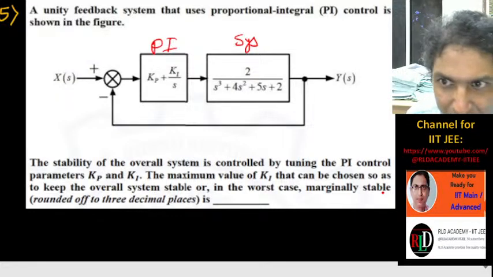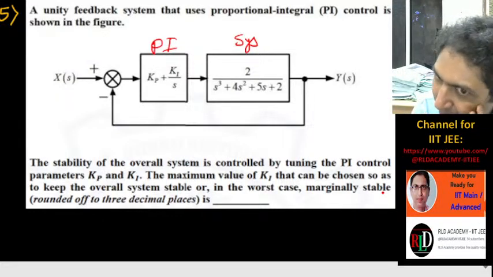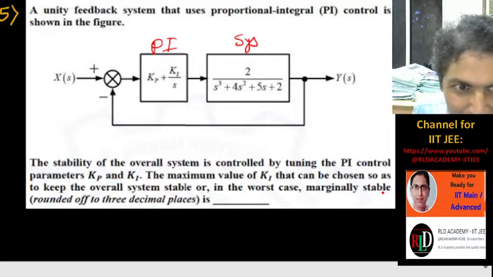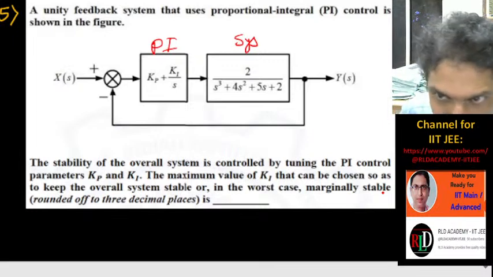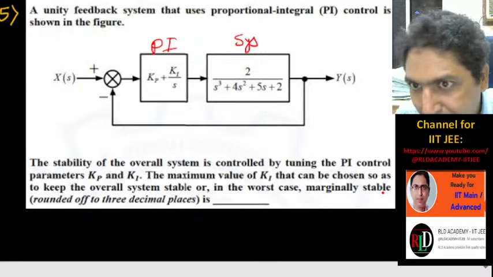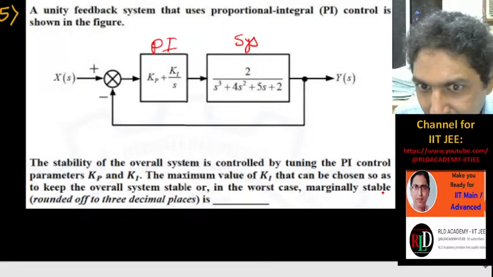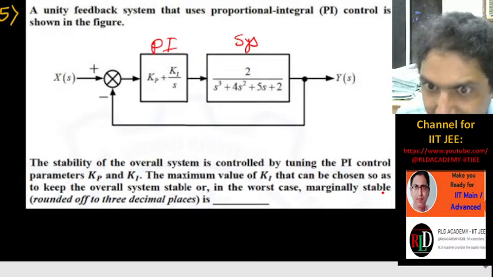So can you solve this problem? I think really it is a challenging problem. Can you try to solve it? So we need to find out the maximum value for Ki. Nothing is given for Kp. Okay, Kp is not asked.